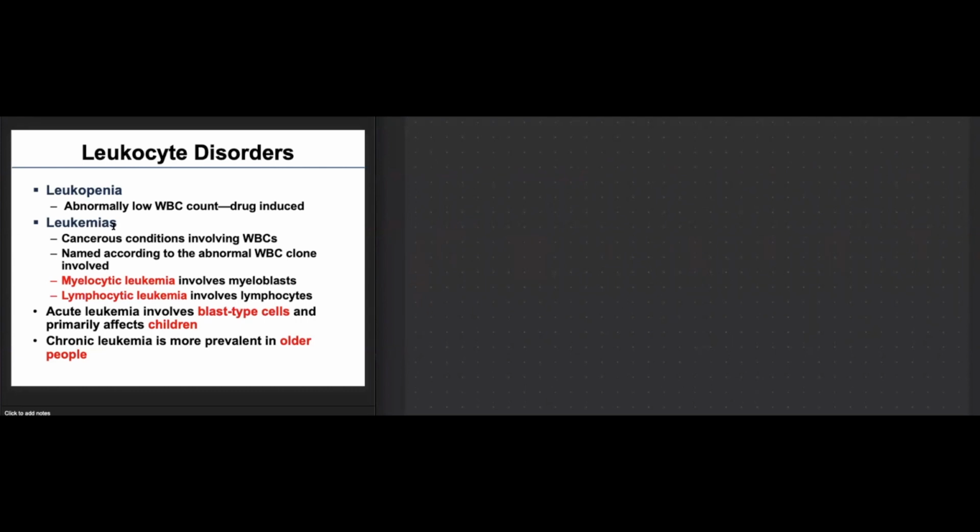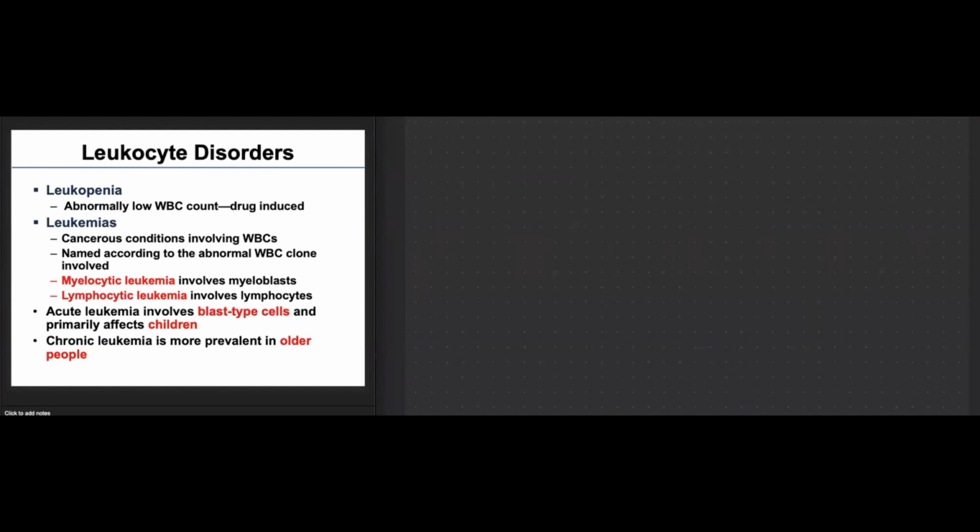They are working, they have a normal shape, they have a normal metabolism, they have normal action. But here, when we're talking about leukemia, those are cancerous cells. Those cancerous cells are not going to be working efficiently and effectively to reduce the infection.